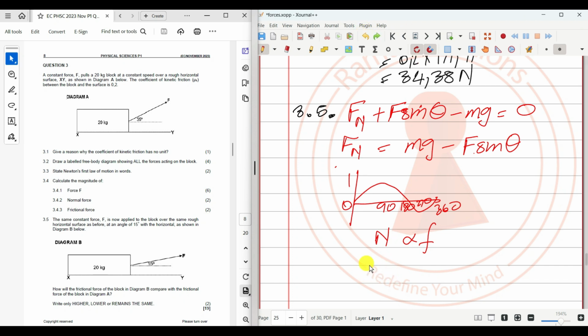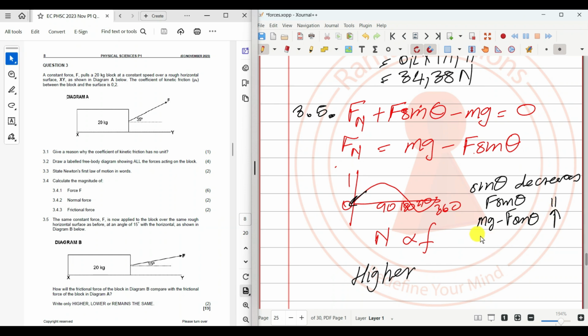So your answer is simply higher. It will be higher than that one there. Why? Because as it's going that way, sine theta is decreasing. As it decreases, F sine theta decreases, and therefore mg minus F sine theta increases.